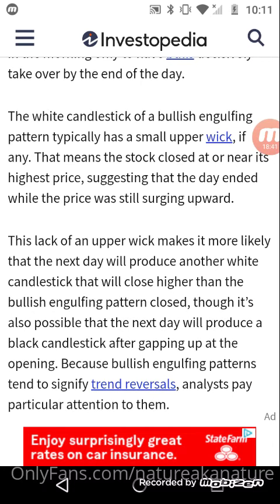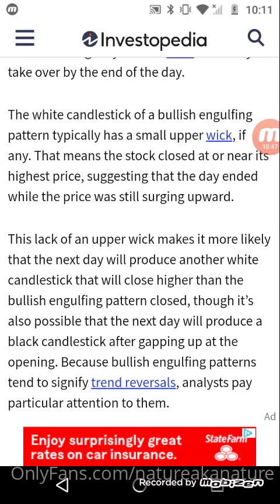For the next day, we have to wait and see if the following candlestick closes higher than the engulfing pattern.